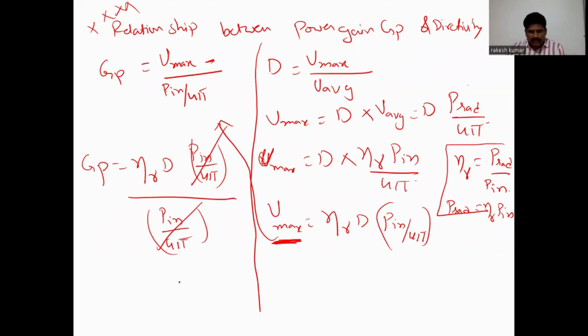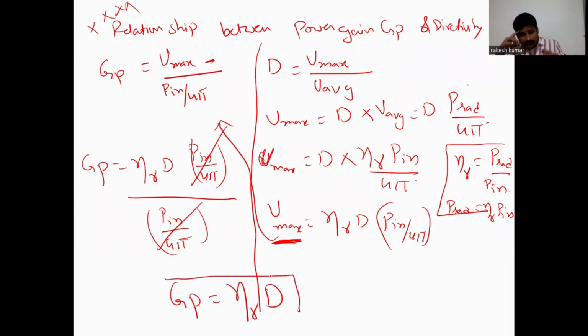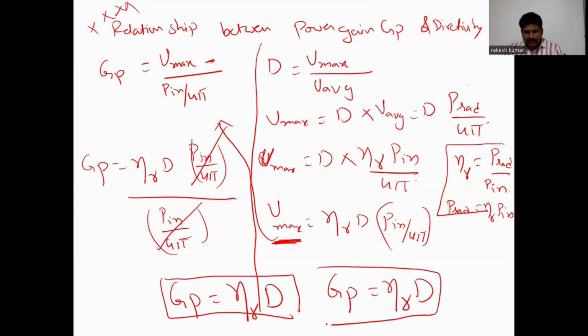Finally, the expression is GP is equal to eta into D. This is very, very important: the relationship between power gain and directivity is antenna efficiency times directivity. GP is equal to eta R into D.